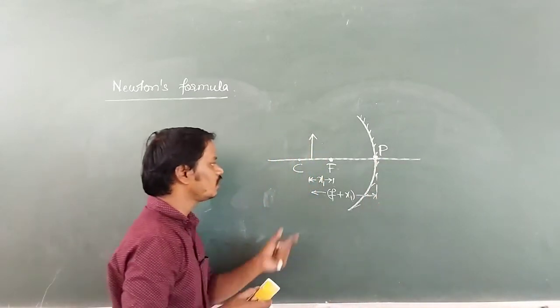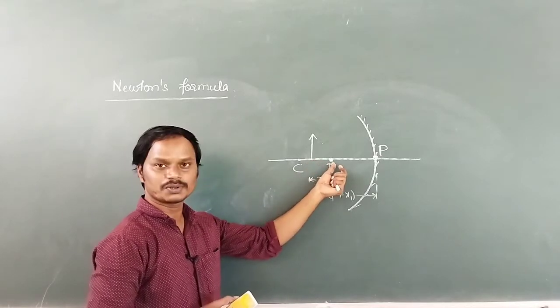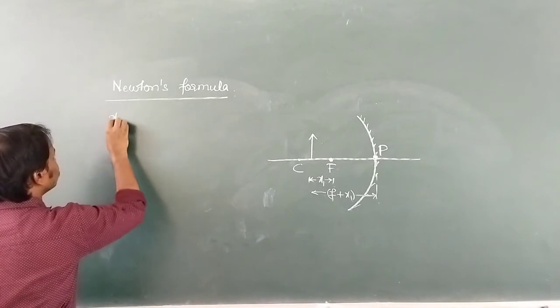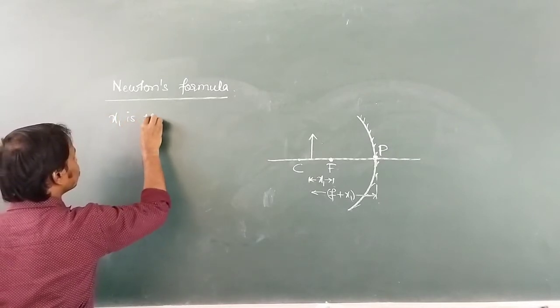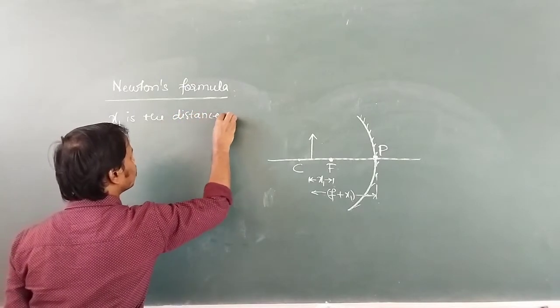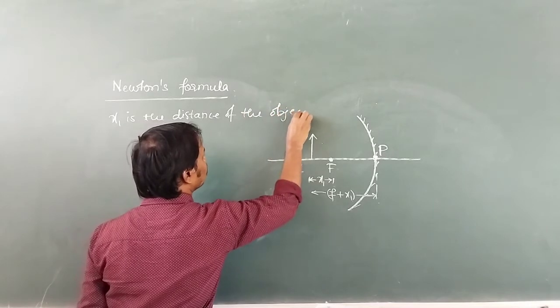So remember, x1 is the distance of the object from the focus.